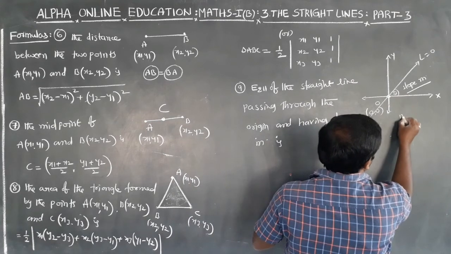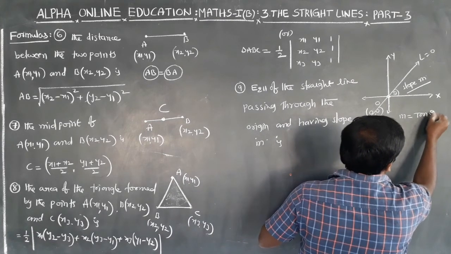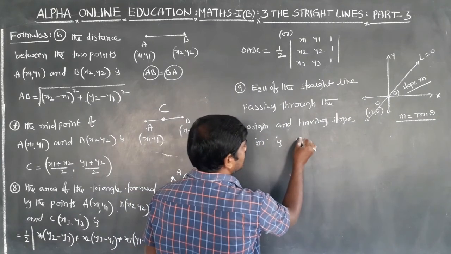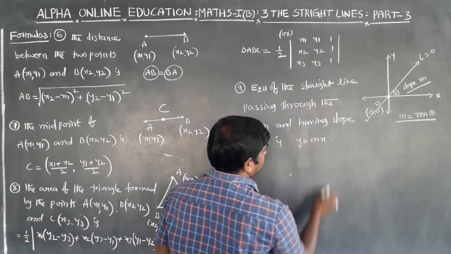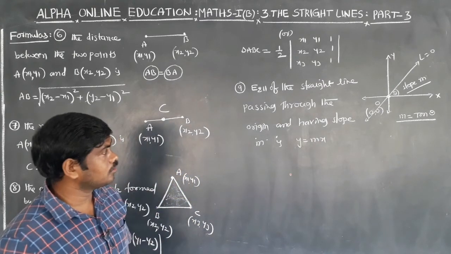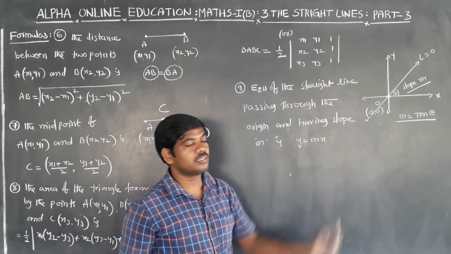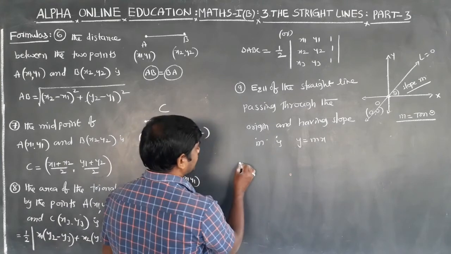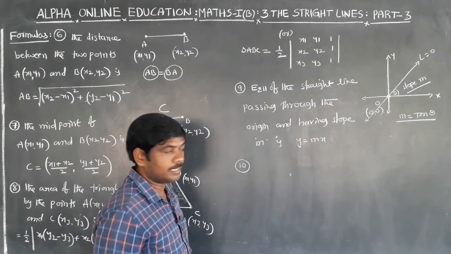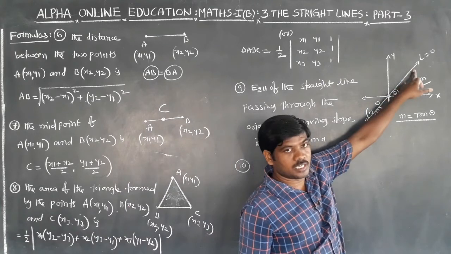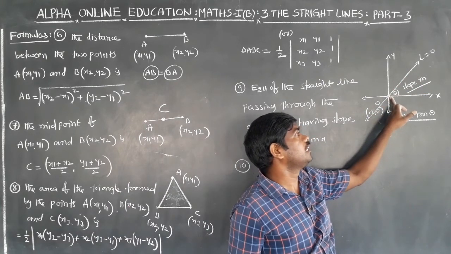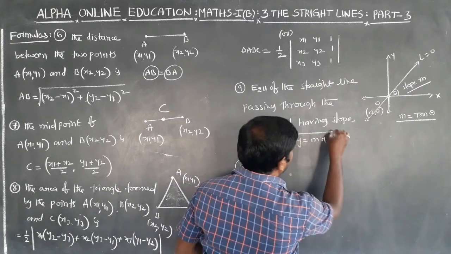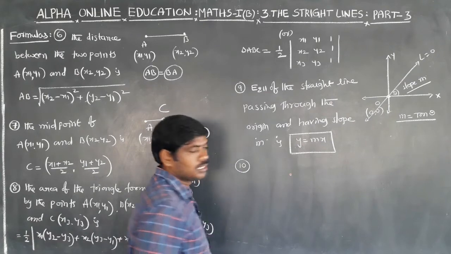Here m is equal to tan theta. The equation of the straight line passing through the origin and having slope m is y equals mx, where m is the slope of the line.